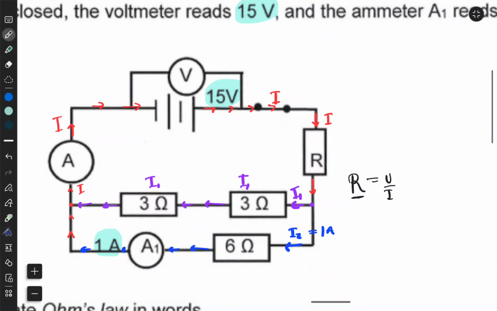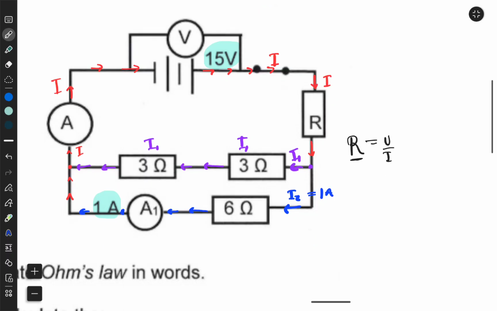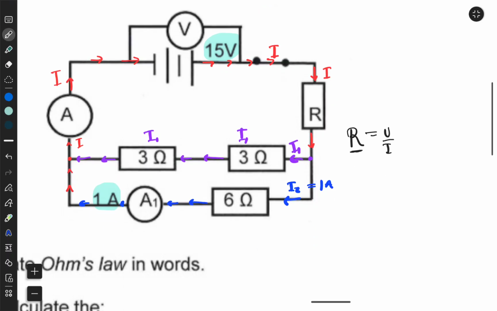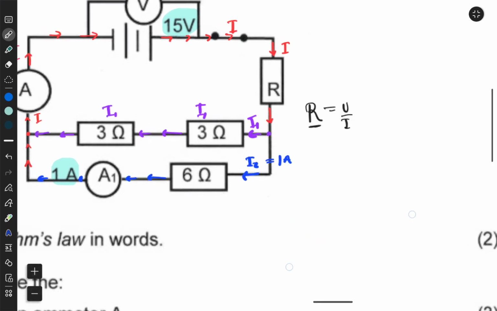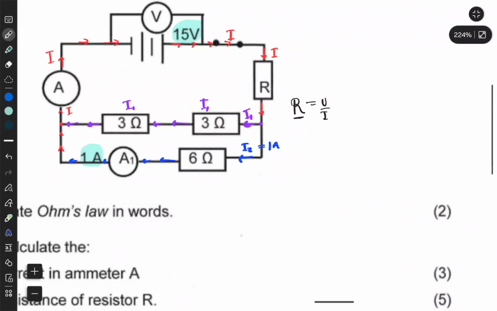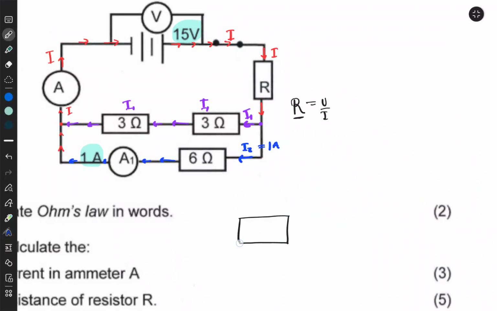So now let's check. We know that the 6 ohm resistor receives 1 amp, but this is a portion of the total current. How much do those 3 ohm resistors get? That's what we want to know now. We can sort of redraw the circuit like this, where we have 6 ohm and 6 ohm.